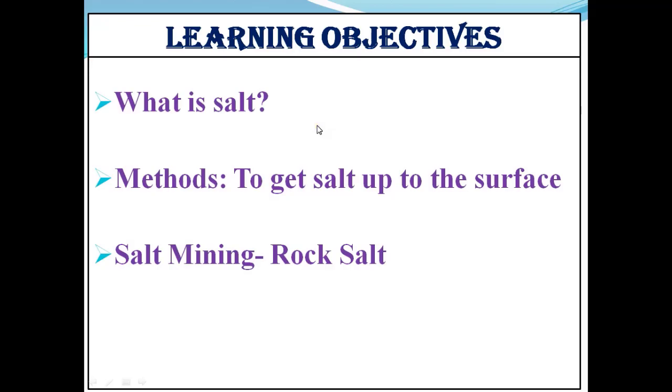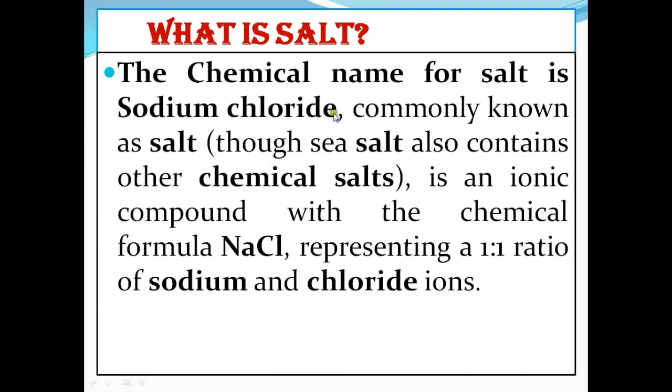What is salt? The chemical name for salt is sodium chloride, which is commonly known as salt. Though sea salt also contains other chemical salts, it is an ionic compound, and the chemical formula for salt is NaCl.